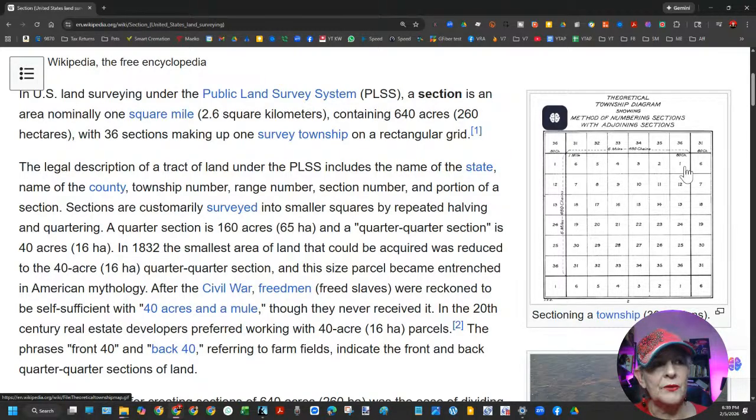So it's 1 mile by 1 mile. So the whole township is 6 miles wide, 6 miles deep, and it has 36 sections. So each section, one of these squares here, one section is 640 acres.